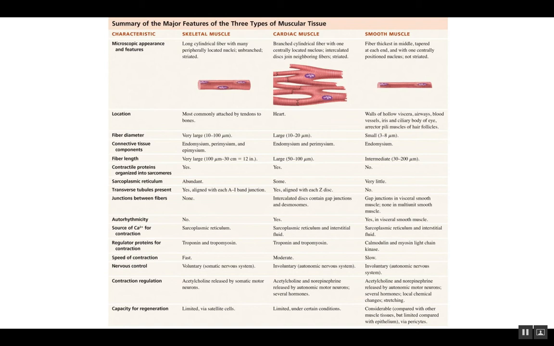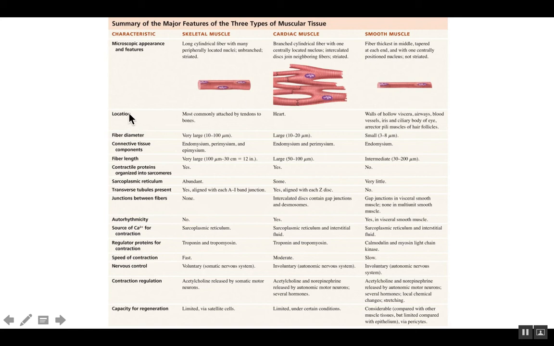This is a table that is much more thorough. You might have trouble reading it in your PowerPoint, so I recommend maybe opening your book and perusing this more thorough table summarizing the 3 muscle types. What you should focus primarily on is, again, the microscopic features of the cells, the various shapes of the 3 types.